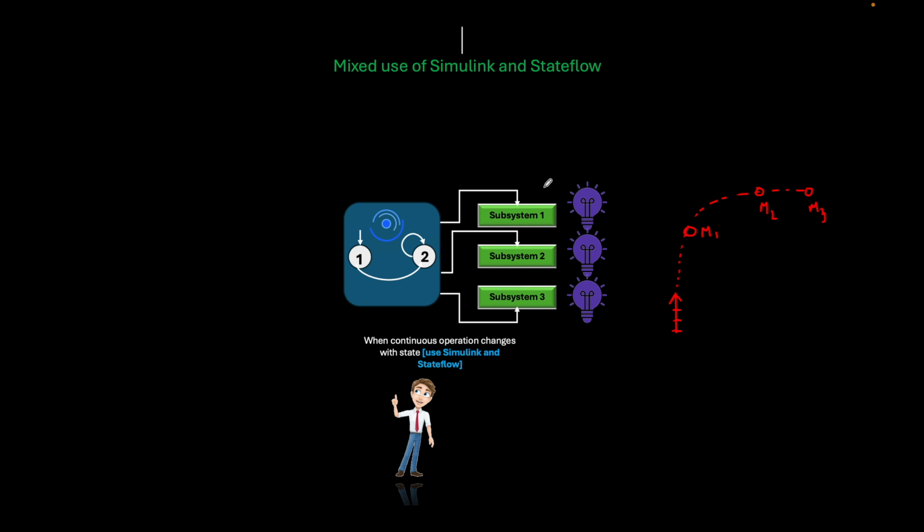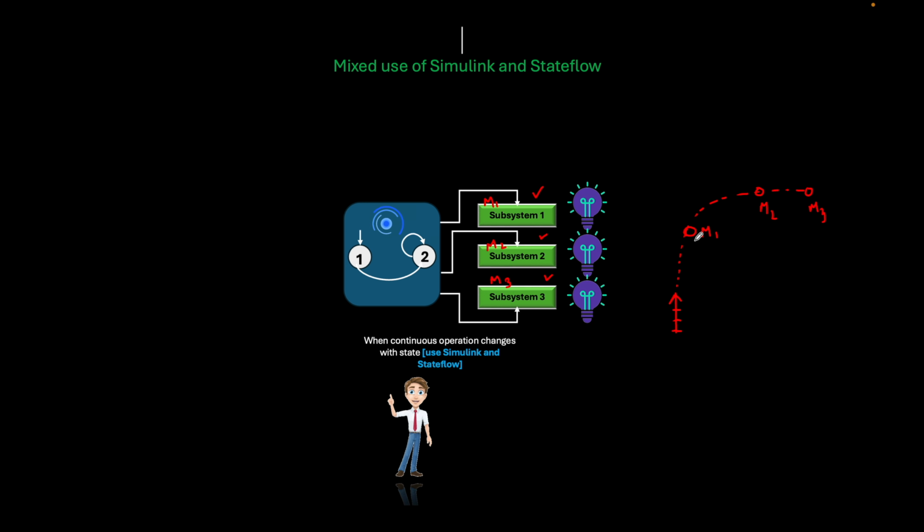For example, you can create multiple subsystems based on the masses. Suppose this is for the m1 state, this is for the m2 state, and this is for the m3 state. Then you can activate everything based on the states.